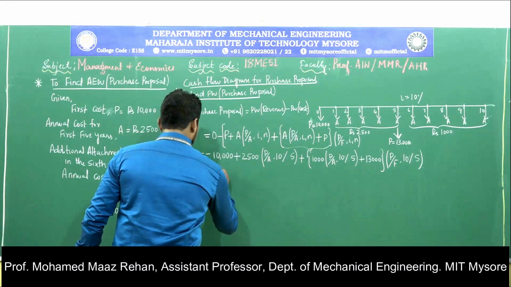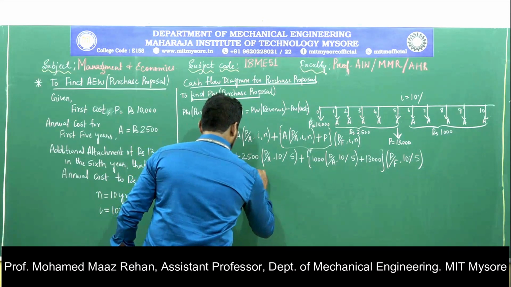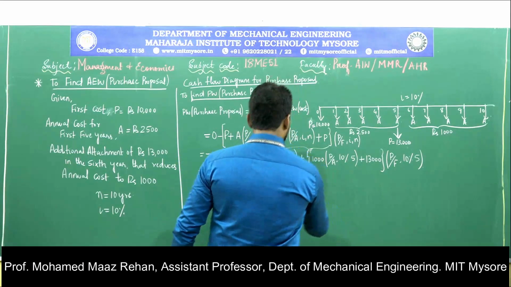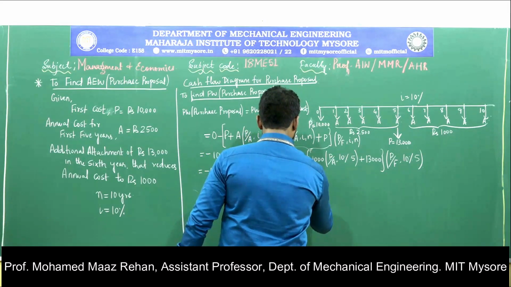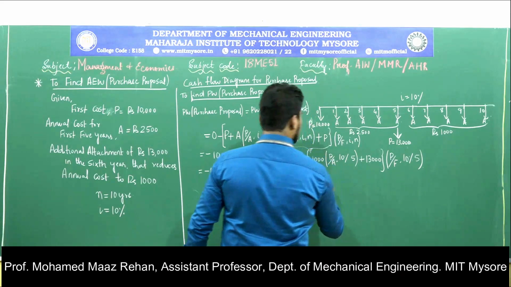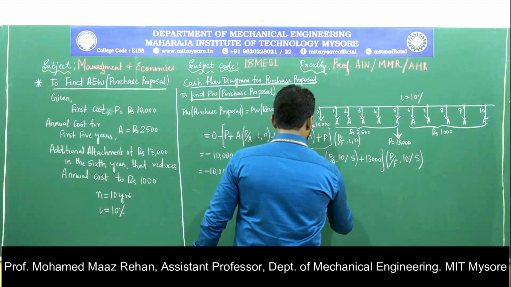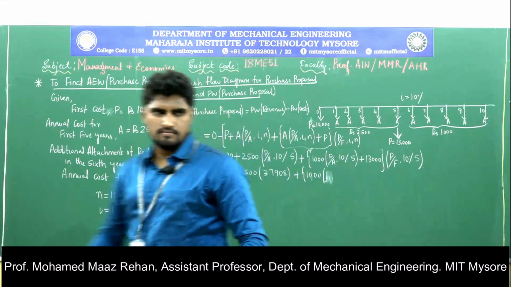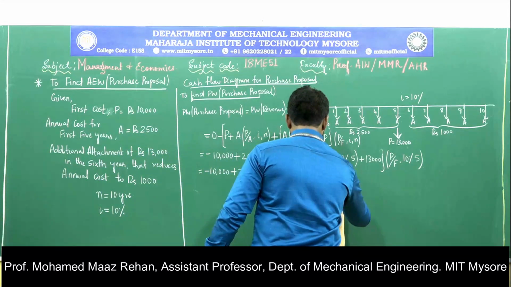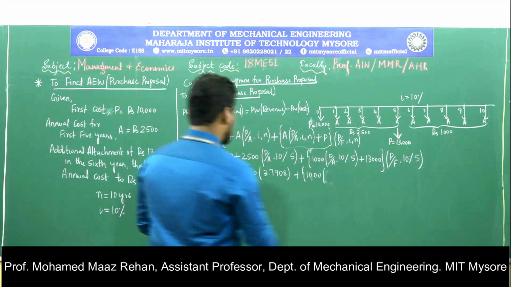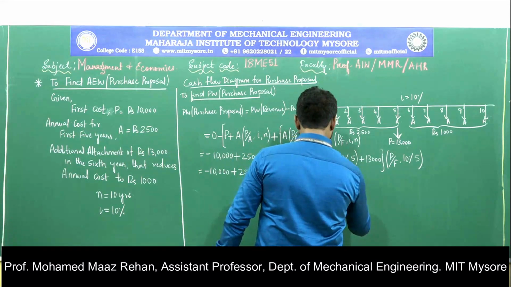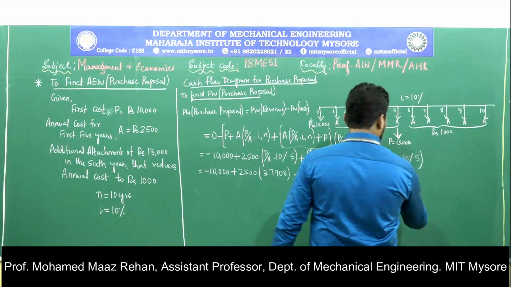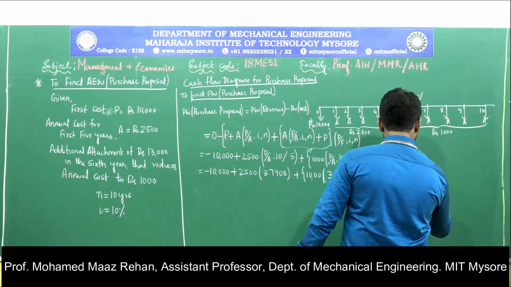So what will be the answer? Minus 10,000 plus 2,500, P bar A, that is 3.7908, plus 1,000 P bar A, that is 3.7908, plus 13,000 into P bar F, that is 0.6209.